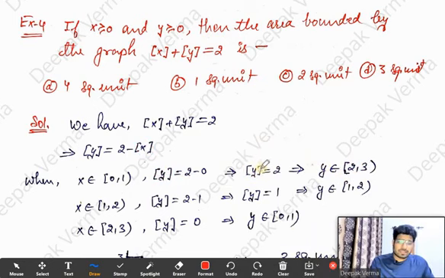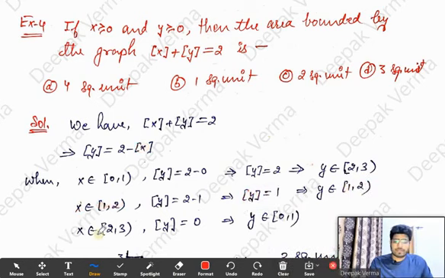In the previous lecture, we have done lots of practice of these kinds of questions. If we have x belongs to 1 to 2, 1 is closed here, 2 is open. Whenever we have x belongs to 1 to 2, [x] will be equal to 1. 2 minus 1, we get 1. When [y] equals 1, then y will belong to 1 to 2.